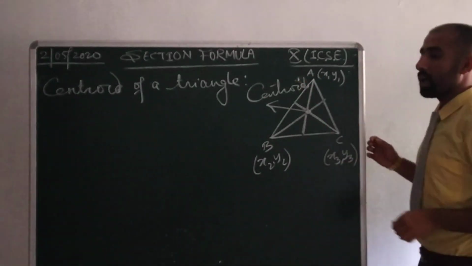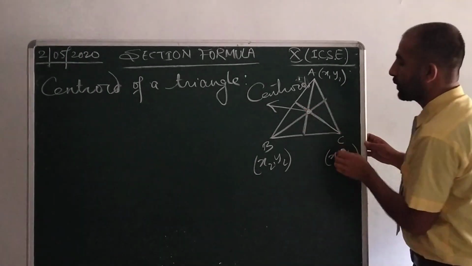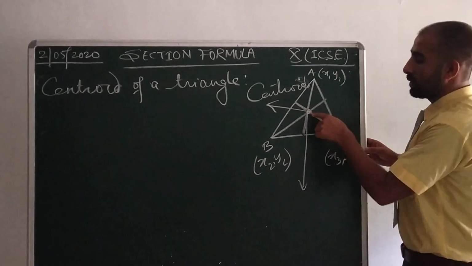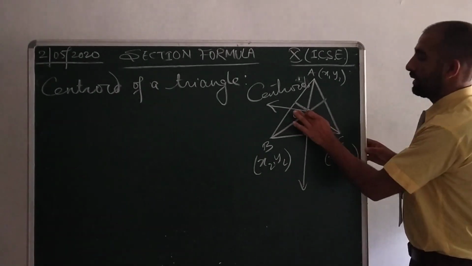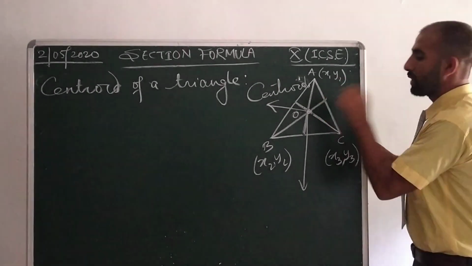Okay, so what is the formula to find the coordinate of the centroid, which is quite easy. Suppose O is the centroid of this triangle.